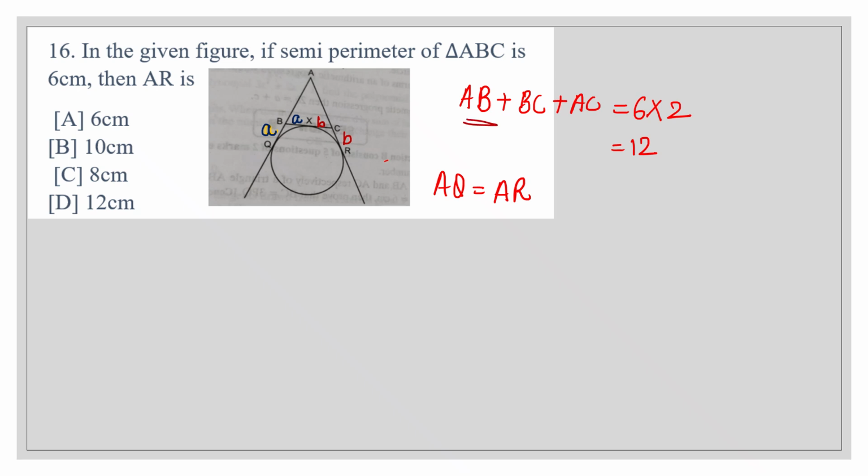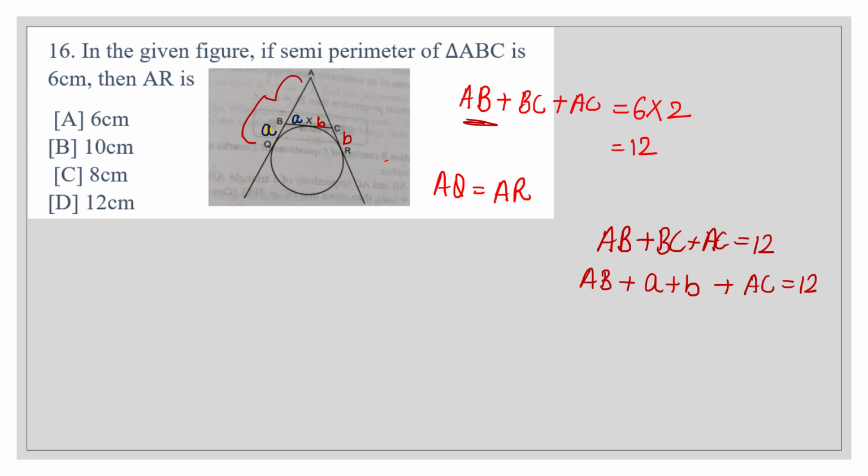Now let me write it again. AB plus BC plus AC is 12. AB, BC can be written as A plus B, and AC, 12. Now what is AB plus A? AB plus A is AQ.